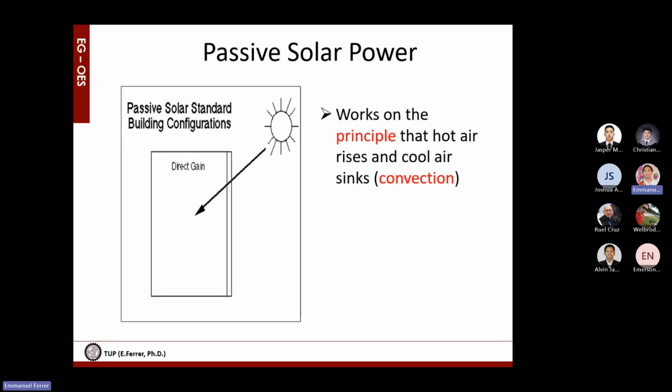Okay, so as discussed kanina yung passive 'no, mostly for light and heating, ayan. So kailangan yung design mo, tama, yung building design mo ay tama para ma-maximize mo yung light and at the same time makapag-collect ka ng heat. Works on the principle of hot air rises and cool air sinks 'no, or yung convection.